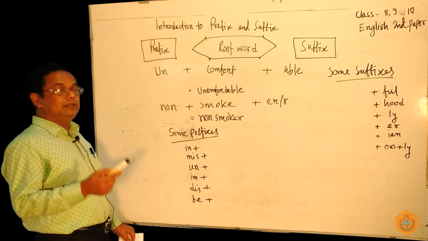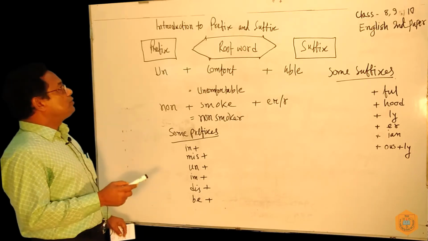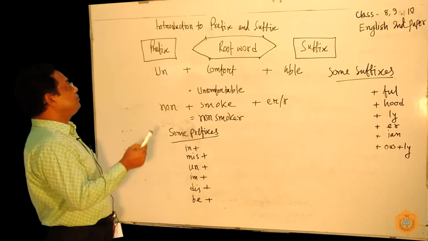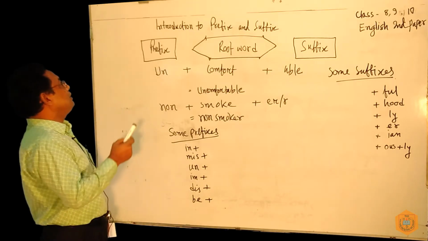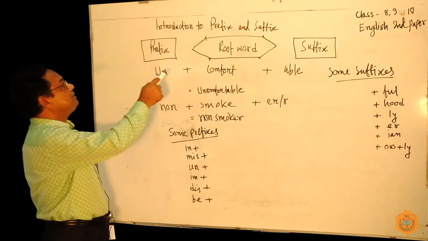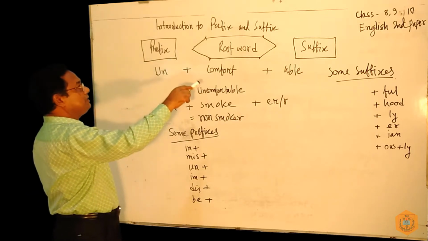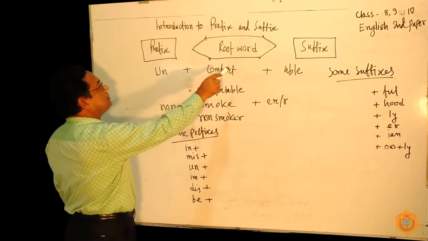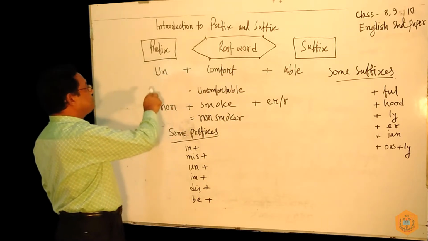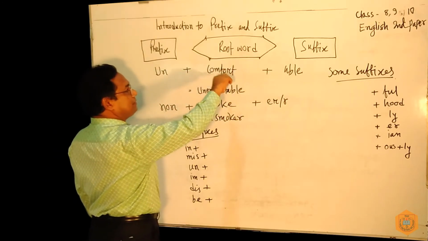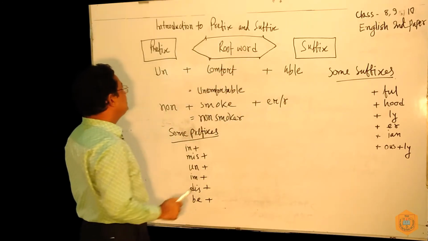First, I would like to show you a diagram on the whiteboard, an introduction to prefix and suffix. Here I have already written root word, suffix and prefix. First prefix, in the middle root word, and the last suffix.